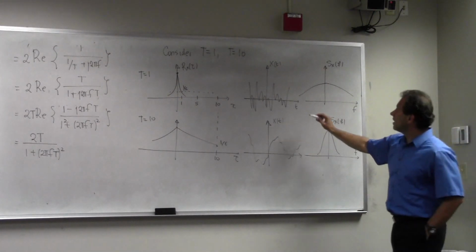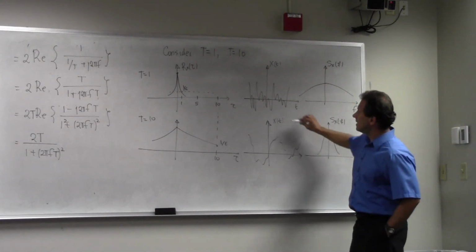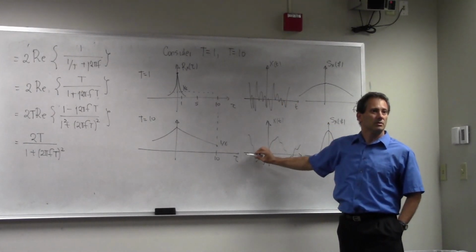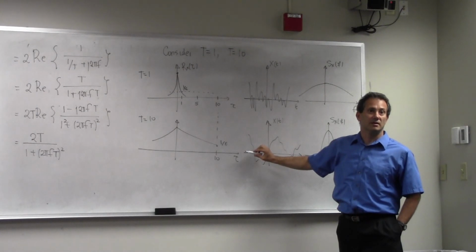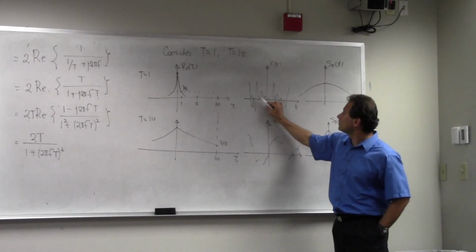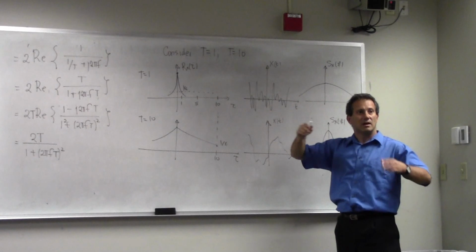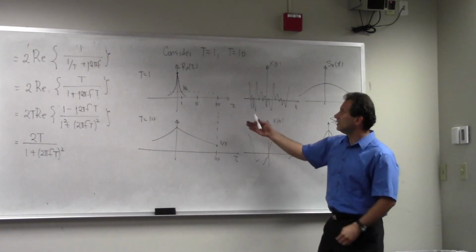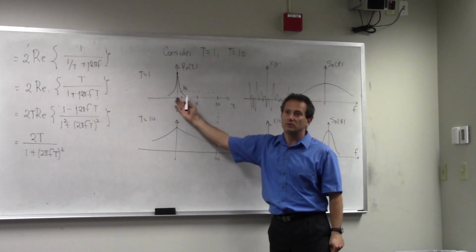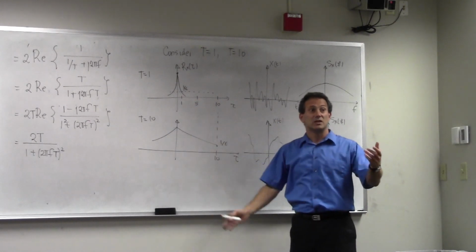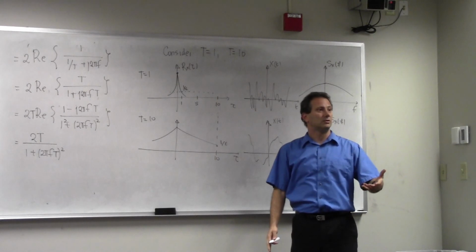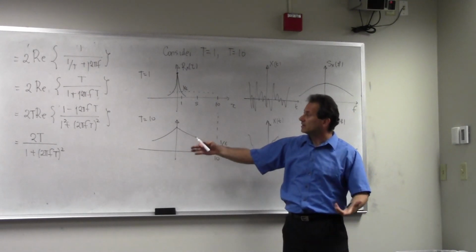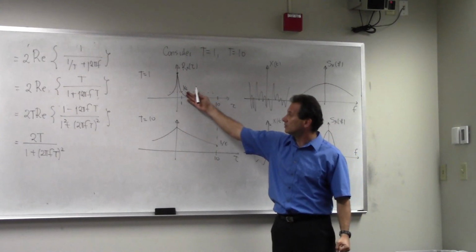So do you see now how both of these capture exactly what we set out to do at the very beginning? We said, how do I capture how fast the signal is changing along the t-axis? And I can do it either way. I can look at the autocorrelation function, which is easier to compute in a practical scenario. It is relatively easy to determine.